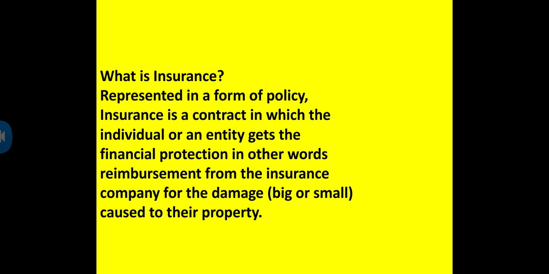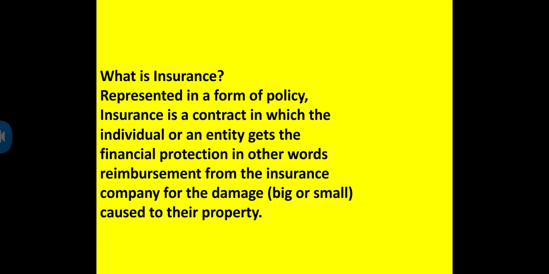So insurance is represented in the form of a policy. Insurance is a contract in which the individual or an entity gets financial protection, in other words, reimbursement from the insurance company for the damage, big or small, caused to their property.